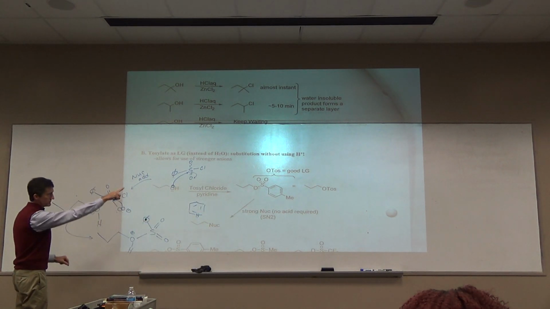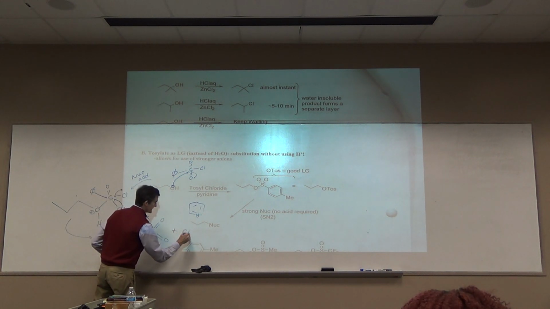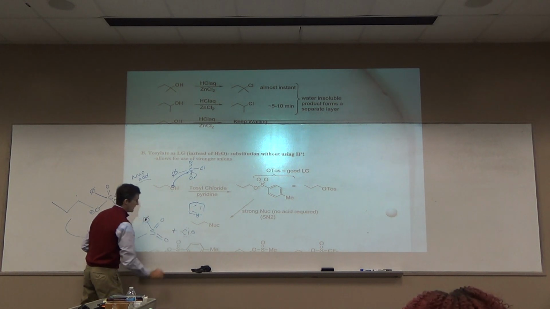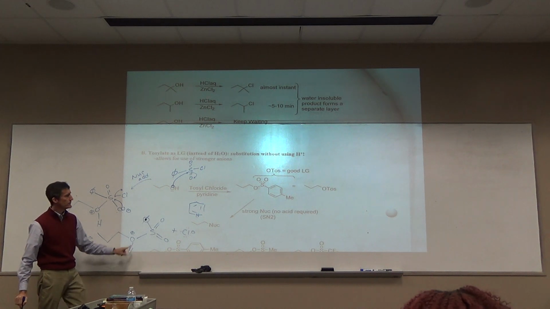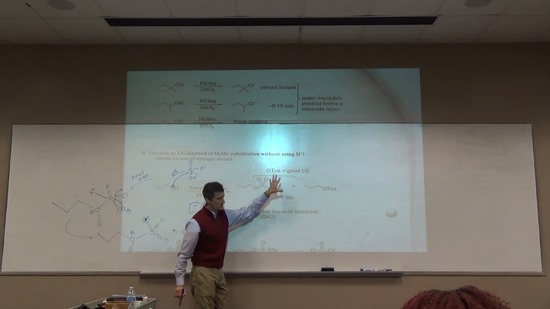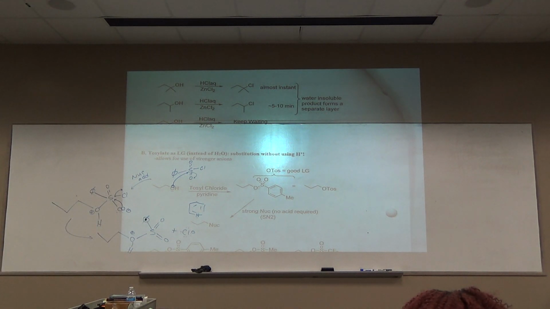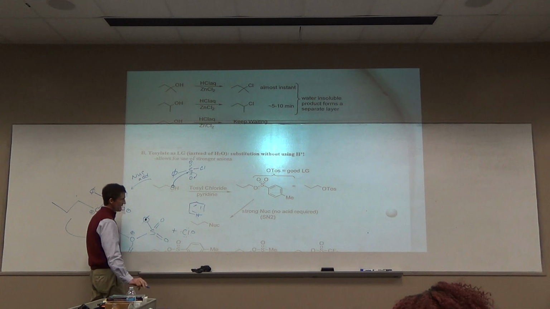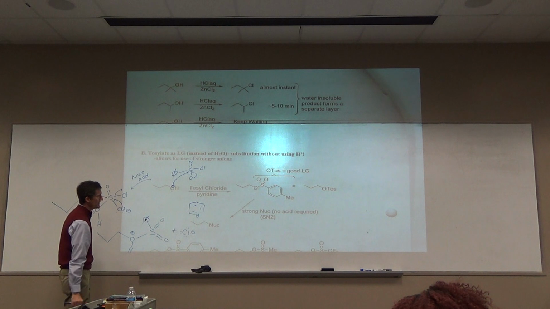What do we need to do to get home? Need to remove the H. Now we did create Cl minus. If nothing else was there, Cl minus could take the H, and we would form this plus what? HCl. All right. You often don't like to form a strong acid in a reaction. Pyridine is added for one reason, is to consume the HCl.